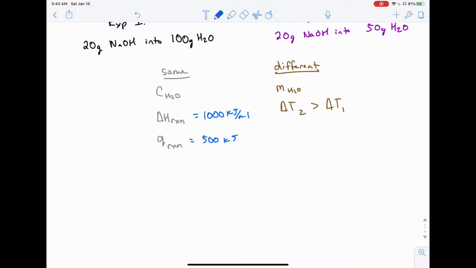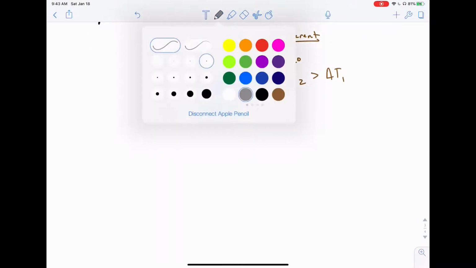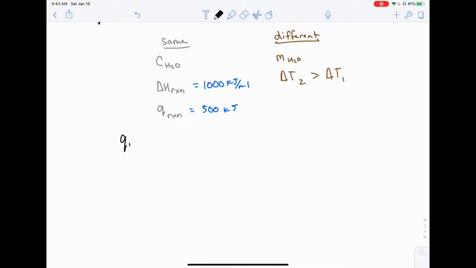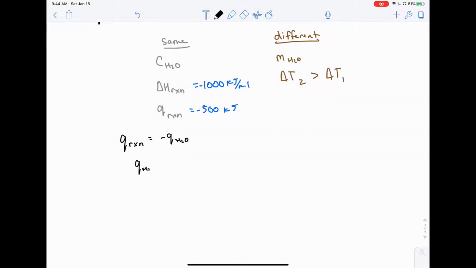Now, in experiment one, Q of my reaction is equal to negative Q of my water. Let me put a negative here, because the reaction is releasing energy. So here, the Q of the water will equal 500 kilojoules, and that equals mc delta T, right?